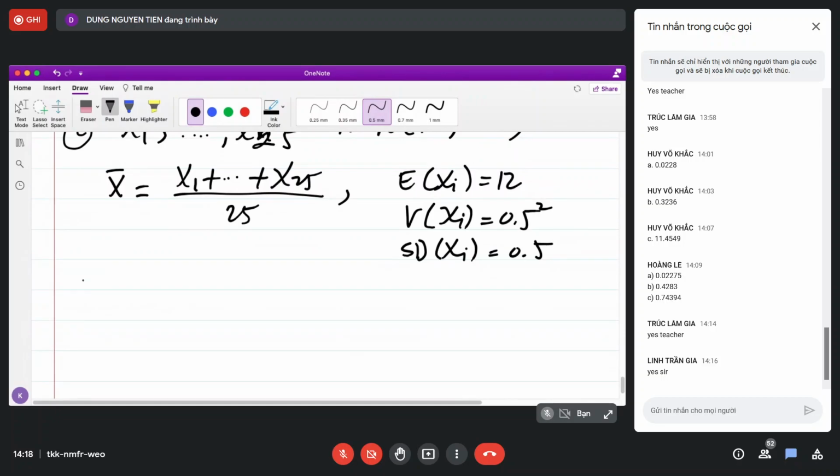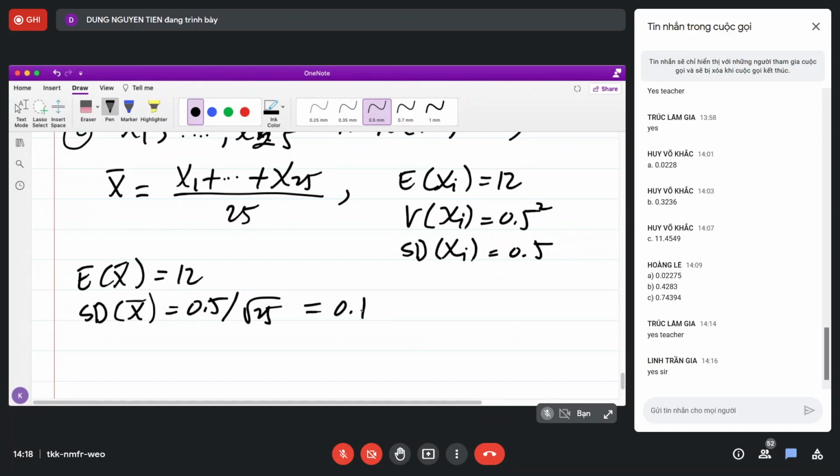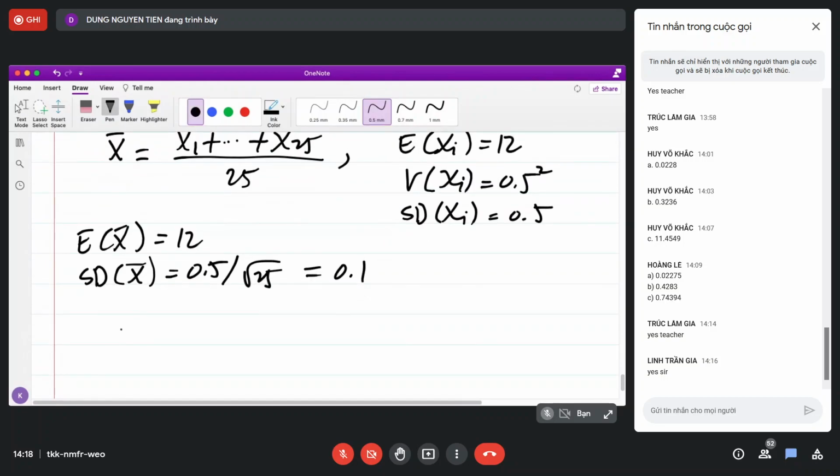Now we knew that the mean of the average value is 12, and the standard deviation of X bar is 0.5 divided by the square root of n, which is 25 here. So you get 0.1. It is easy to see that X bar minus 12 divided by the standard deviation 0.1 follows the standard normal distribution.